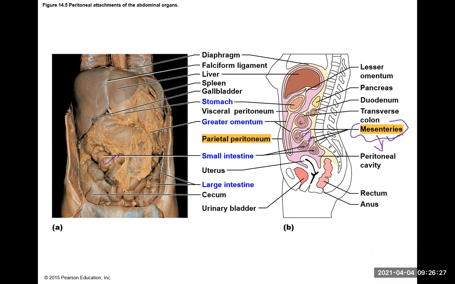The organs are suspended with the help of mesenteries, so even Gray's Anatomy was updated. They are also very rich in lymphoid follicles, thus giving us protection. Remember lymphoid follicles? Chapter number 12, the lymphatic system. Any question about it, ladies? Till now, did you all understand what a mesentery is?